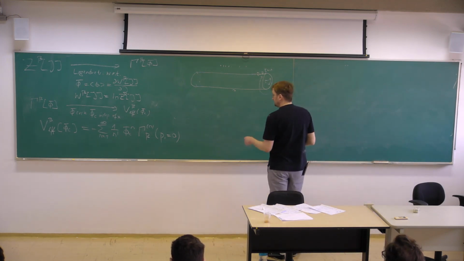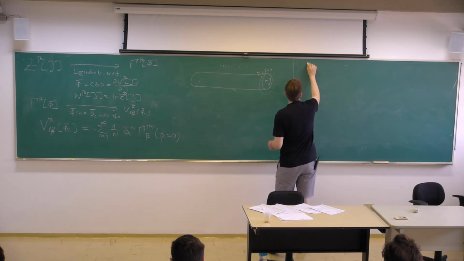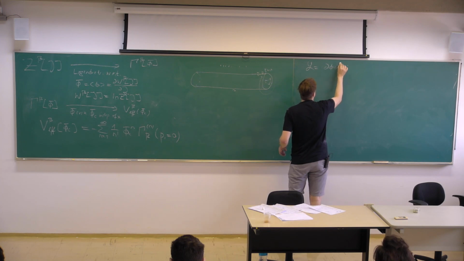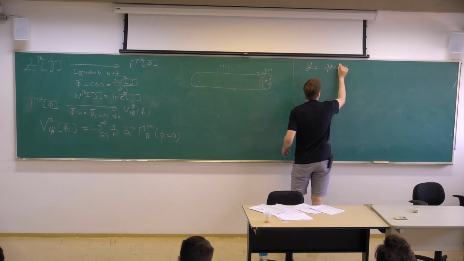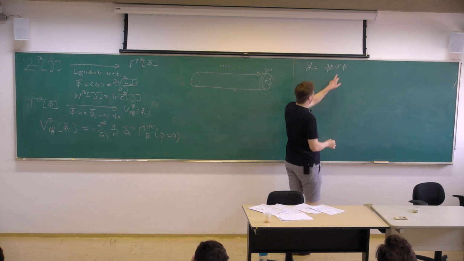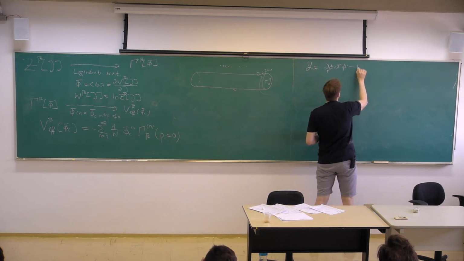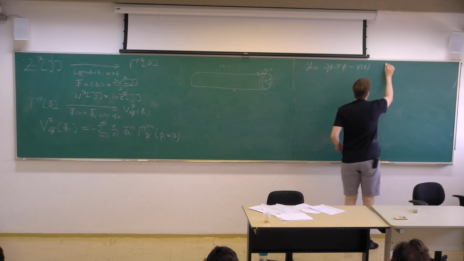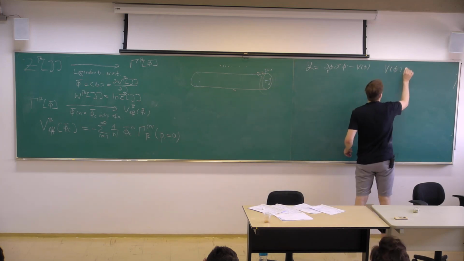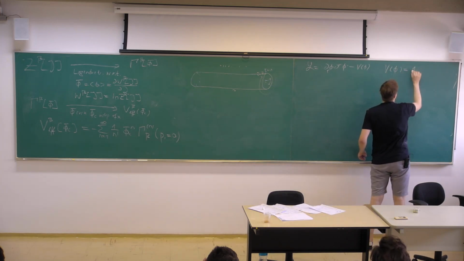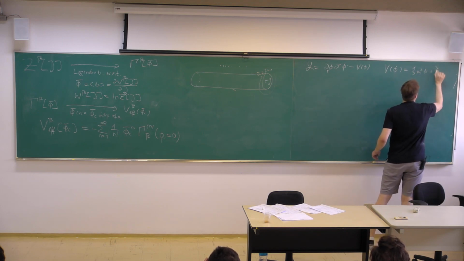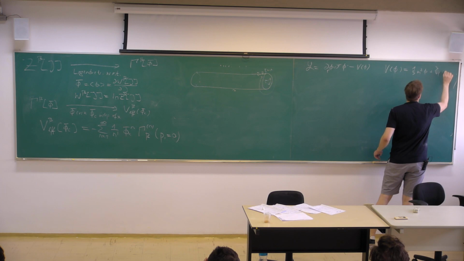Let me give some examples. Let's again consider phi to the 4 theory. I write it in Minkowski space, and later we rotate to Euclidean space. So I have the mass term and a quartic coupling.